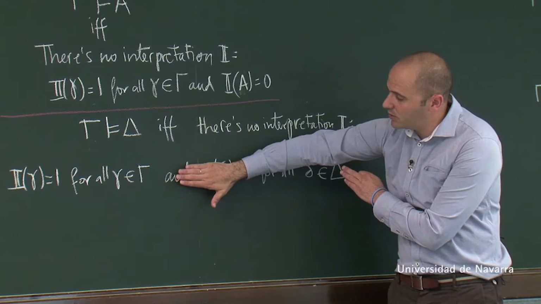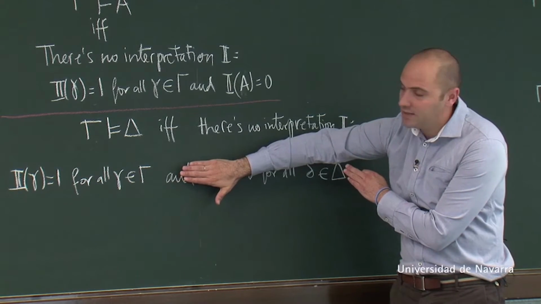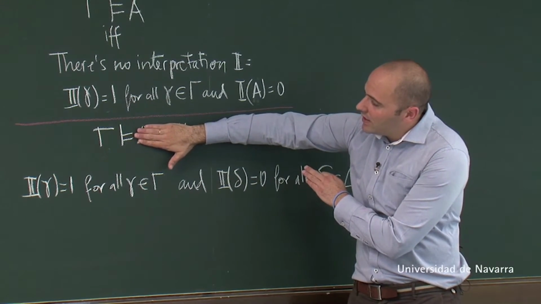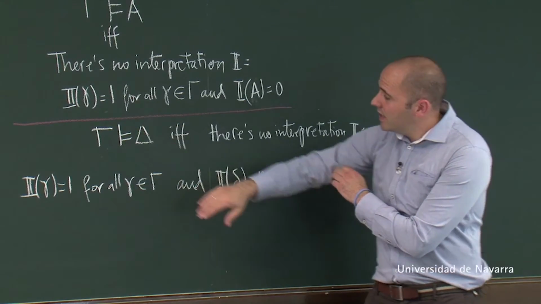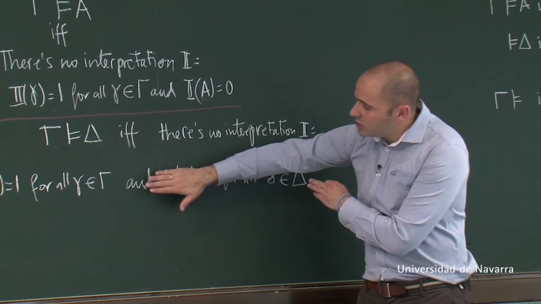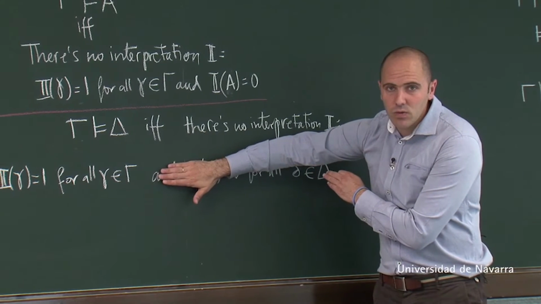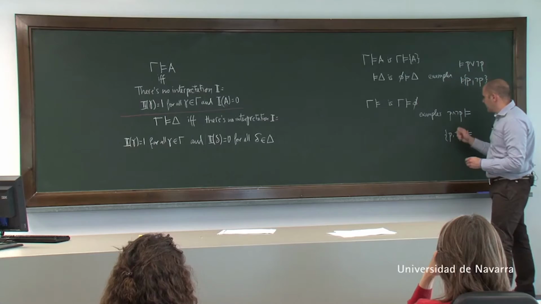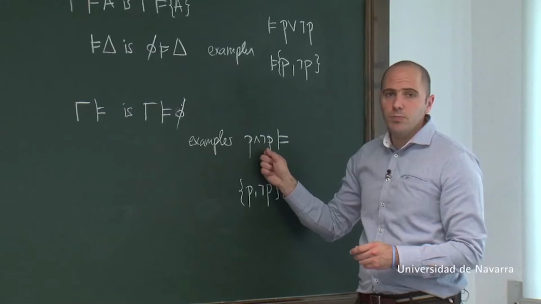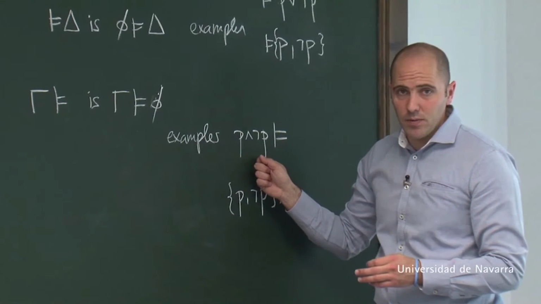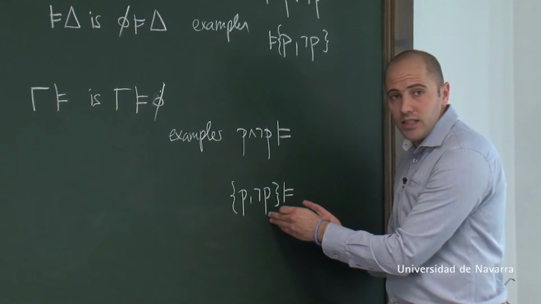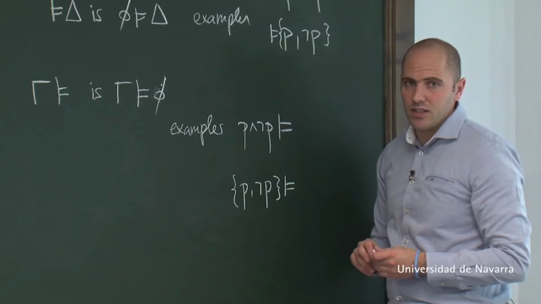So you forget about the conclusion part of the definition now. A set gamma is unsatisfiable just in case there is no interpretation where all the gammas take value 1. So for example, P conjunction not P is classically unsatisfiable, but also the set containing P and containing not P is classically unsatisfiable.